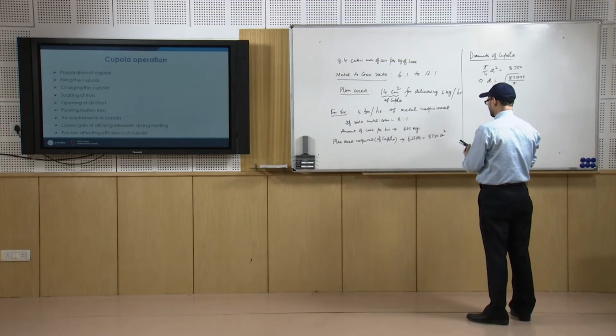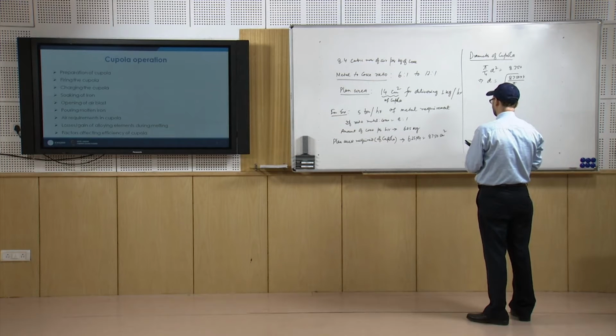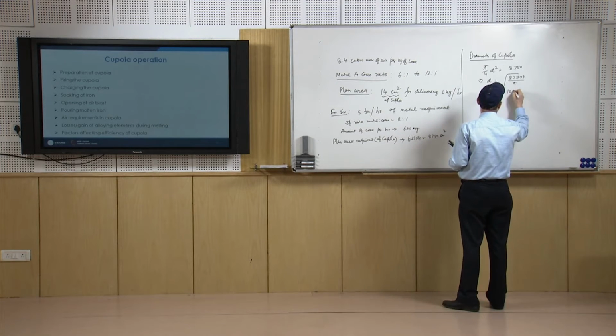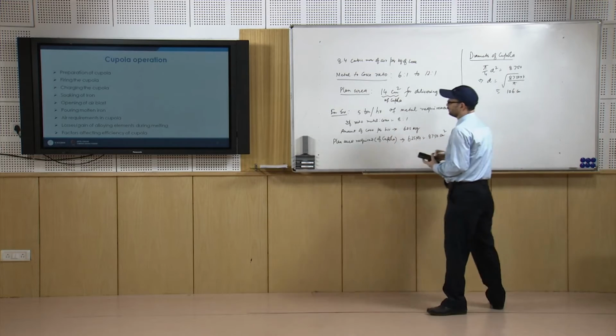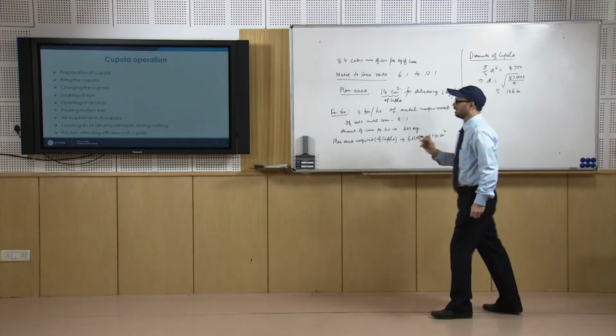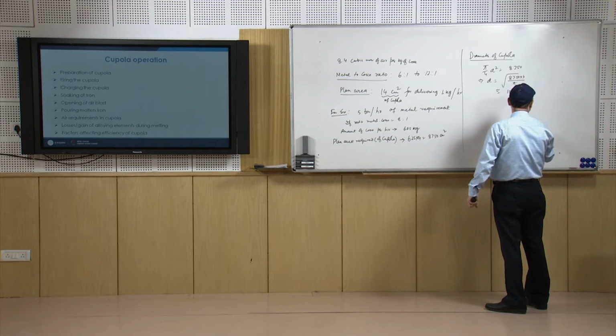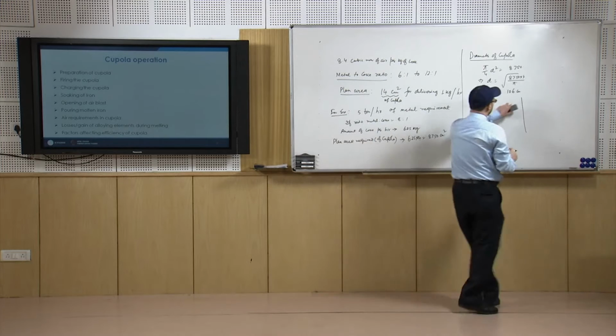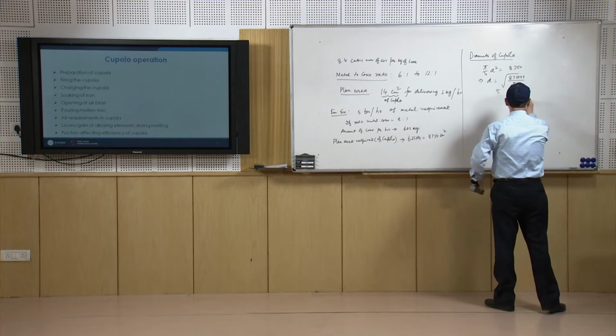So, 8750 upon 3.14 into 4 and under root. So, it is something close to 106 centimeter. So, you can have a cupola of diameter 106 centimeter.